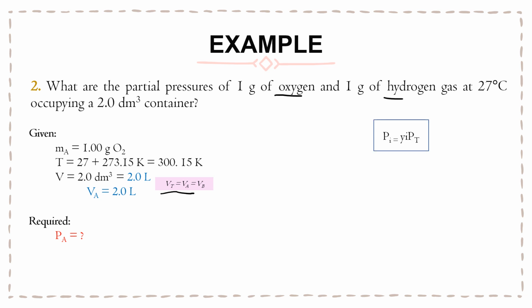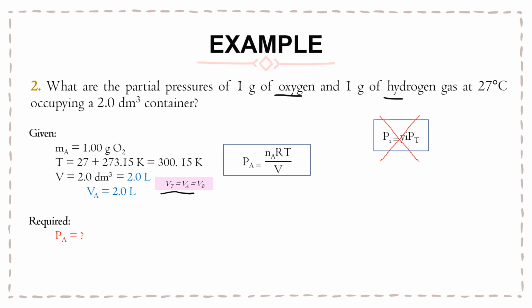Okay? Knowing that partial pressure of the individual gases in a mixture is equal to the mole fraction of each gas times the total pressure. Okay, so let's not use that. Okay, wag muna. Okay, ang gagamitin natin, since the Dalton's law of partial pressure also obeys the ideal gas, the ideality.